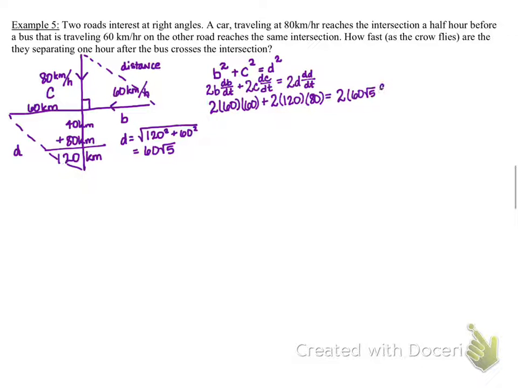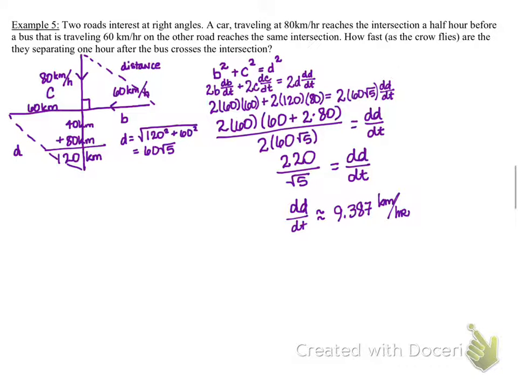And we're looking for dD/dt. Boom. Go ahead and solve, and simplify that. And you get that the rate of change of the distance here is 9.387 kilometers per hour.